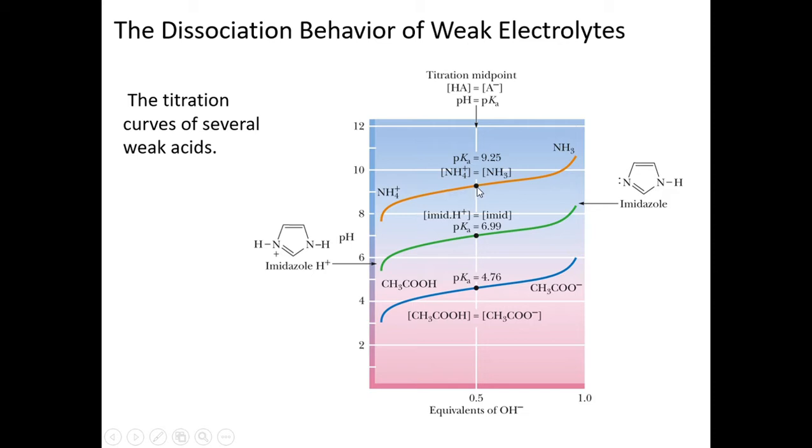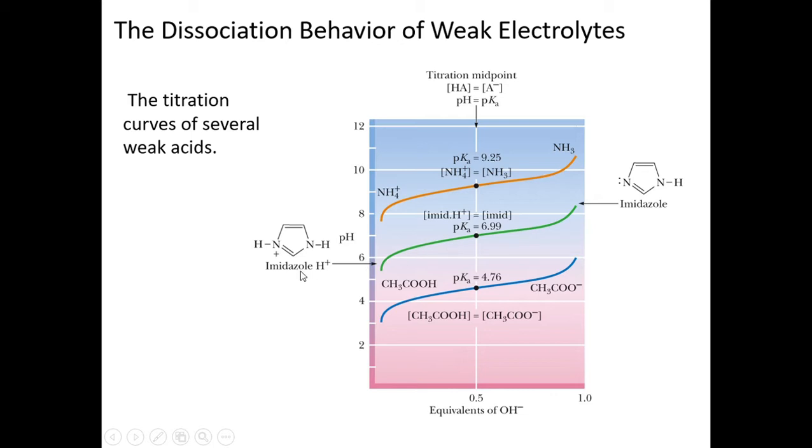When you get to the point which we're going to call the equivalence point, or the mid-titration point, we have the concentration of ammonium ion equals the concentration of ammonia. This occurs at the pKa, which is 9.25. So that is the pH at which we reach that midpoint in our titration.